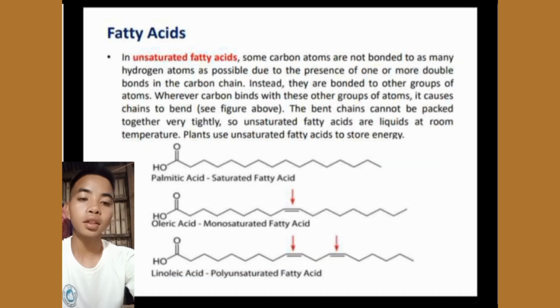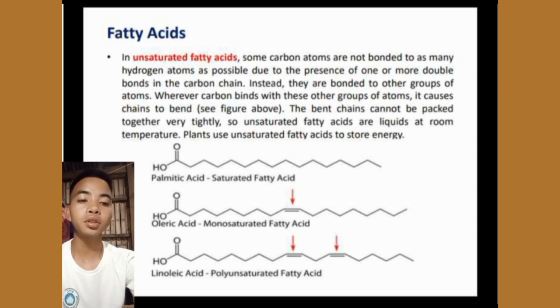Next, unsaturated fatty acids have one or more double bonds between carbon atoms in the fatty acid chain. The presence of double bonds creates a kink in the molecule, preventing them from packing as tightly as saturated fats. So this makes unsaturated fatty acids tend to be liquid at room temperature.